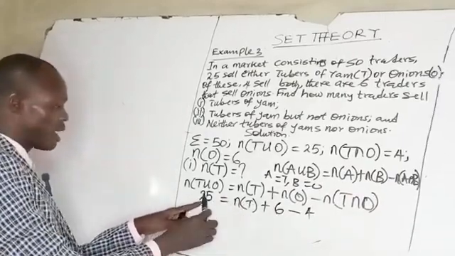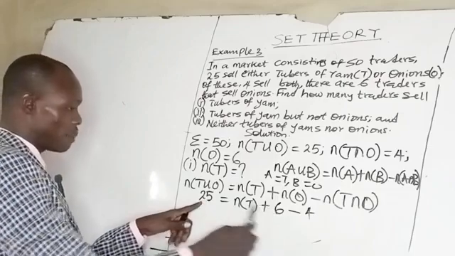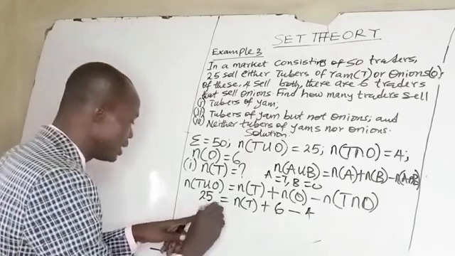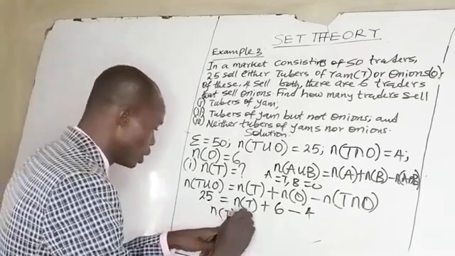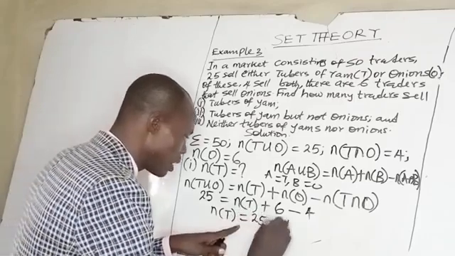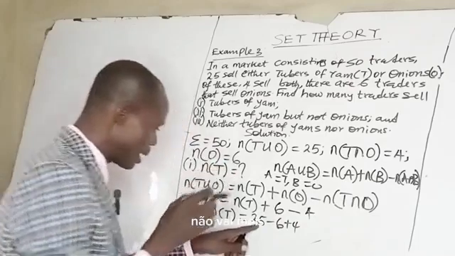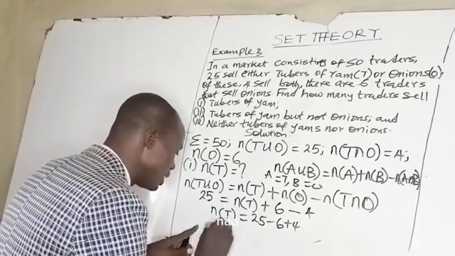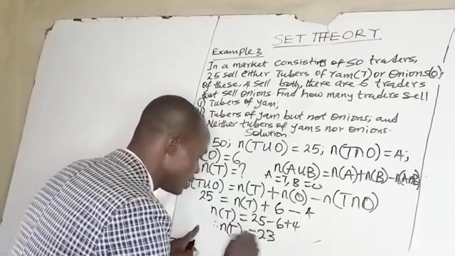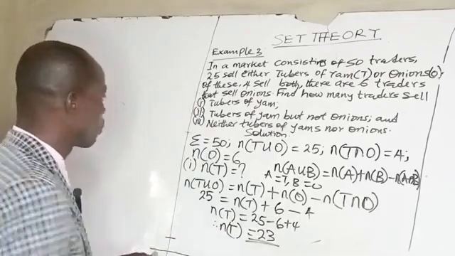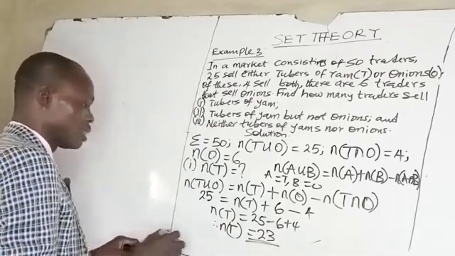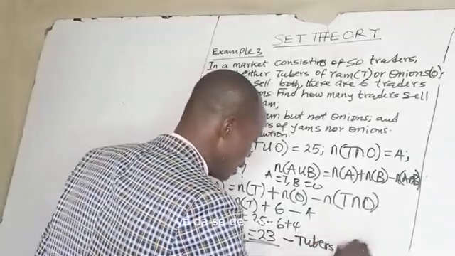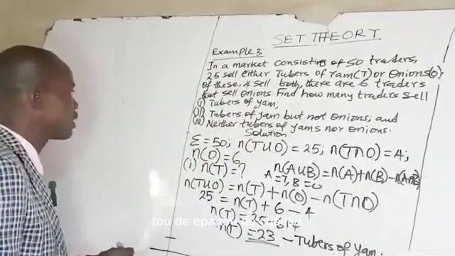If 25 joins, the plus becomes minus, you have 25 minus 6. If 4 joins them, the minus becomes plus. So number in T will be 25 minus 6 plus 4. 25 minus 6 is 19, 19 plus 4 is 23. Therefore, number in T equals 23. So 23 sell tubers of yam. That is the answer to part 1 of the question.